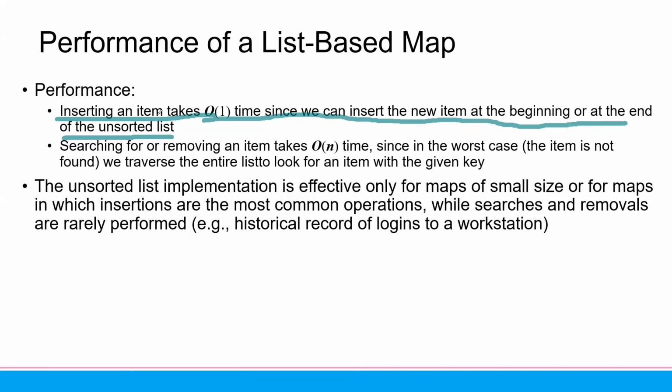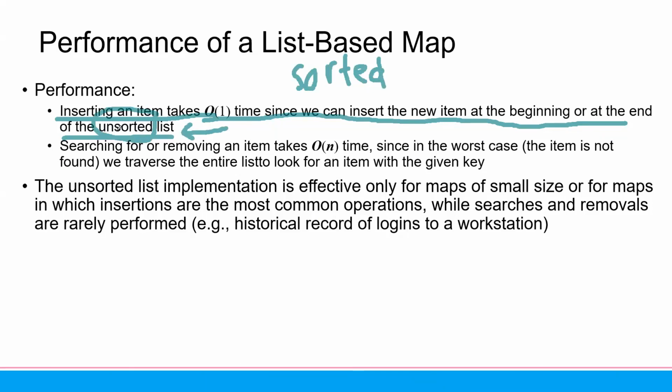That's why we use an unsorted list. If we do care about the sequence, if I want to know which one is the first, which one is the second, then I need to use the sorted list. But in this case, I do not care about the sequence. So I can just use this unsorted list.